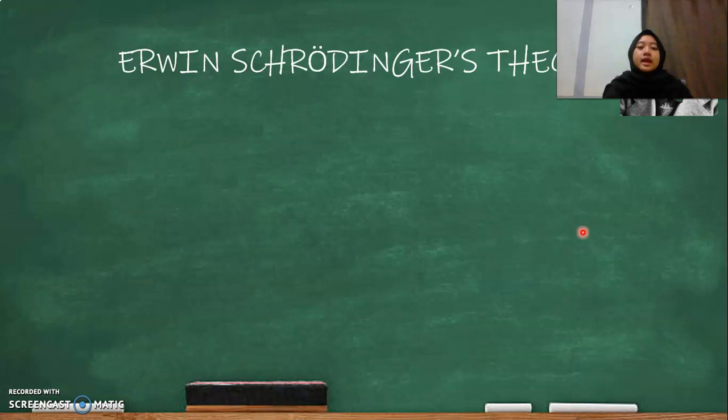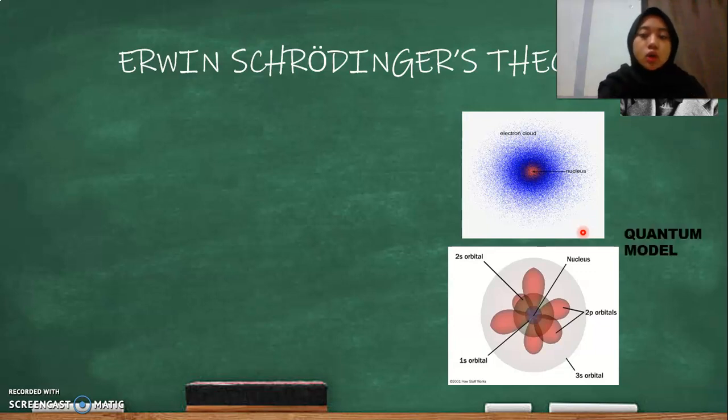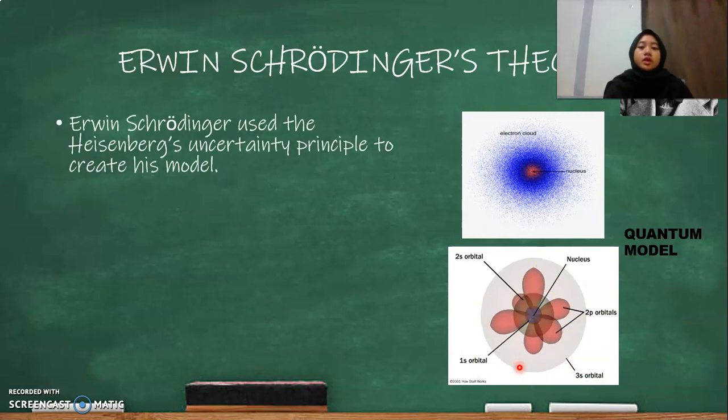So lastly, we will check out the Schrödinger theory. This is the example of his atomic model called the quantum model. Here we have the blue dots called the electron cloud or wave around the nucleus. This is the example of the cloud model. We have the nucleus at the center, and we have the orbitals. Erwin Schrödinger used the Heisenberg uncertainty principle to create his model.